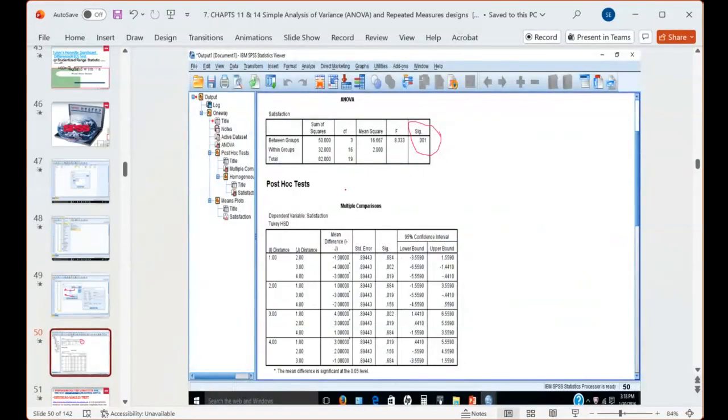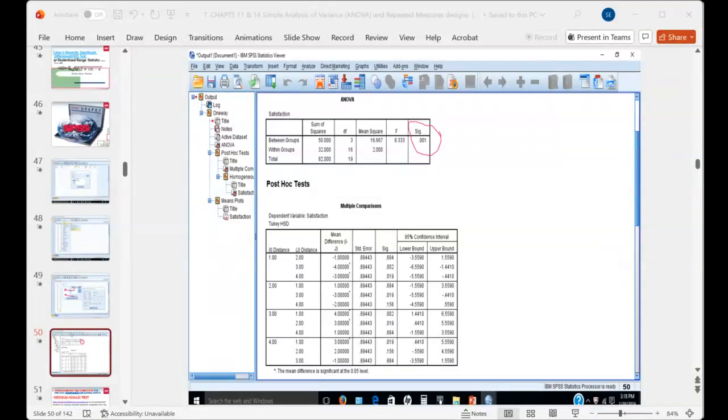And once again, ANOVA, let me just slideshow. It's customary to create a table like this for ANOVA, and the way you read it is, first column, you have between, within, total. You add up between and within, you get total.